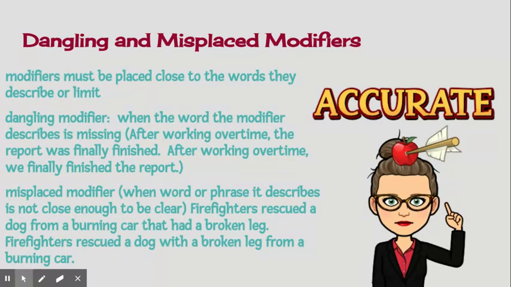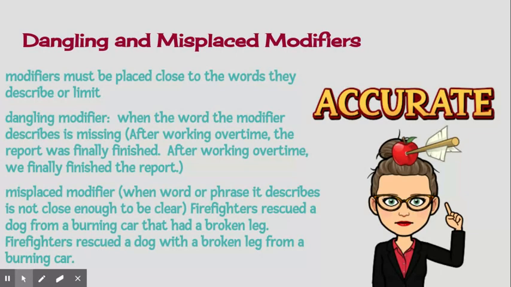Sometimes, though, you'll have a misplaced modifier, where the word or phrase the modifier describes is simply not close enough to be clear. Let's look at this sentence. Firefighters rescued a dog from a burning car that had a broken leg. Well, the way this sentence is written, the burning car has the broken leg.